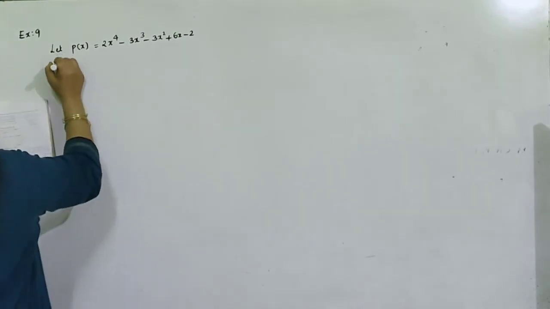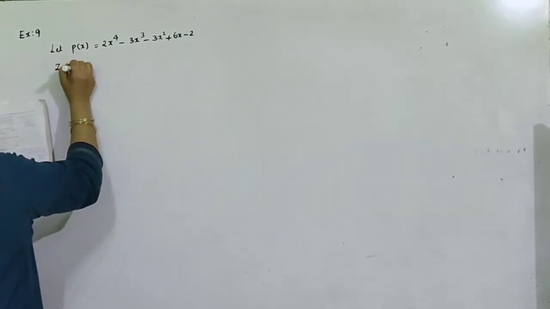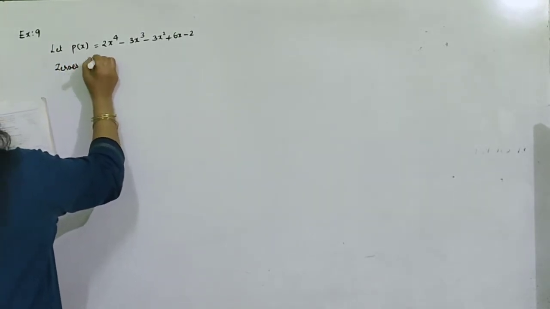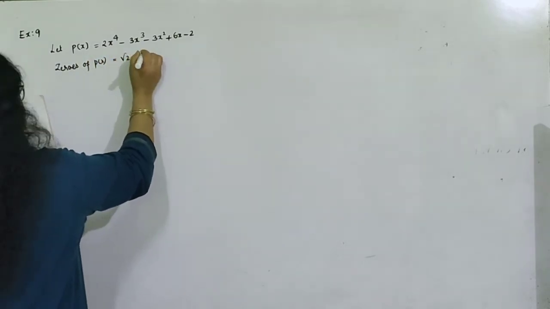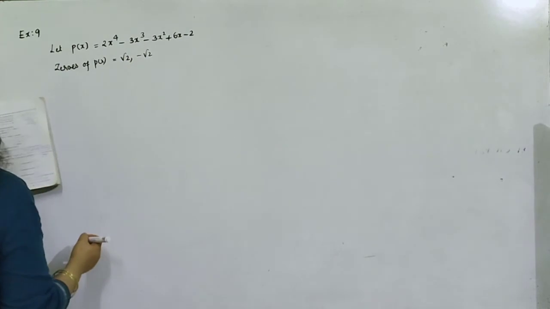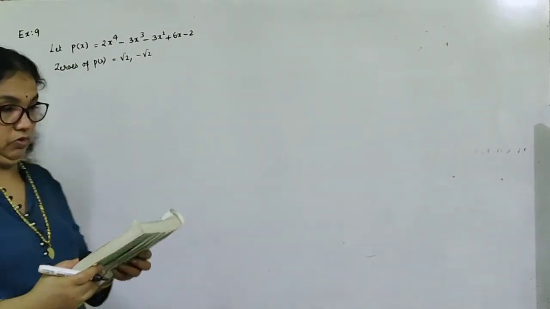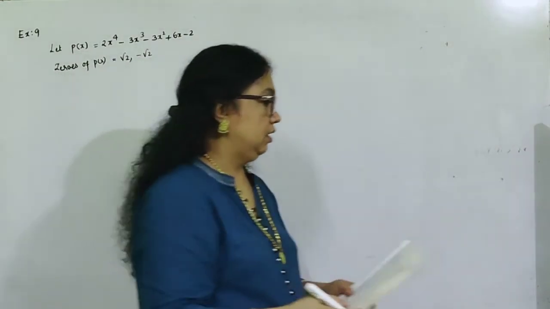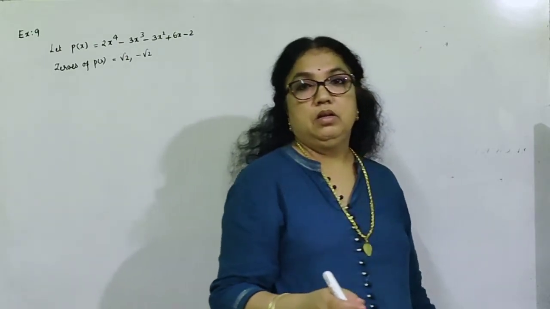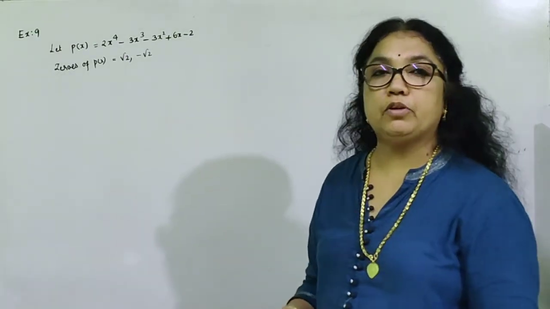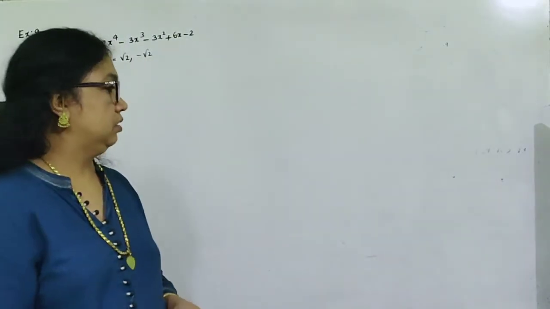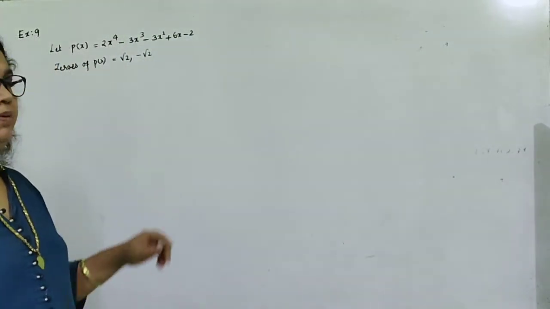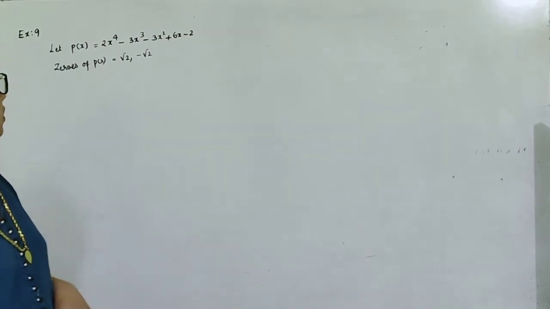And the given two zeros of p of x are root 2 and minus root 2. We have to find all the zeros. Since the degree is 4, there will be at most 4 zeros.